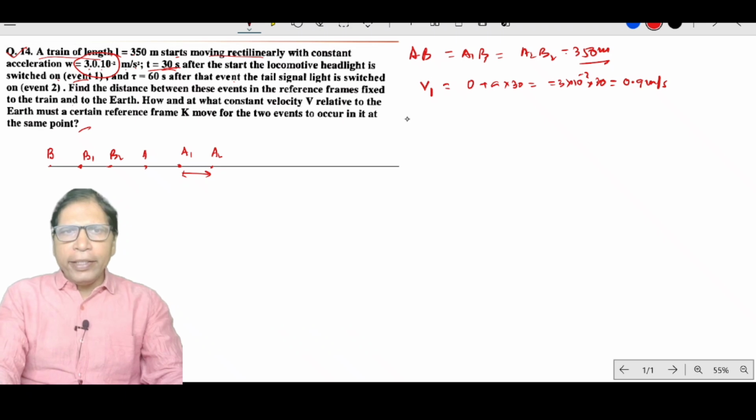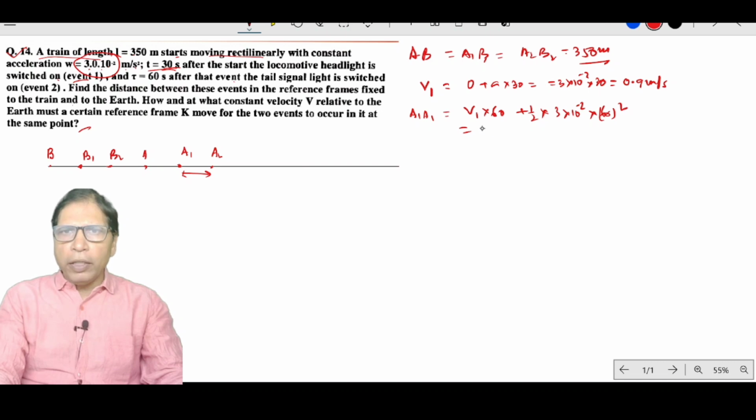So here A1A2 equals V1 into 60 plus half into a, that is 3 into 10 to the power minus 2, and this is 60 square. No problem.